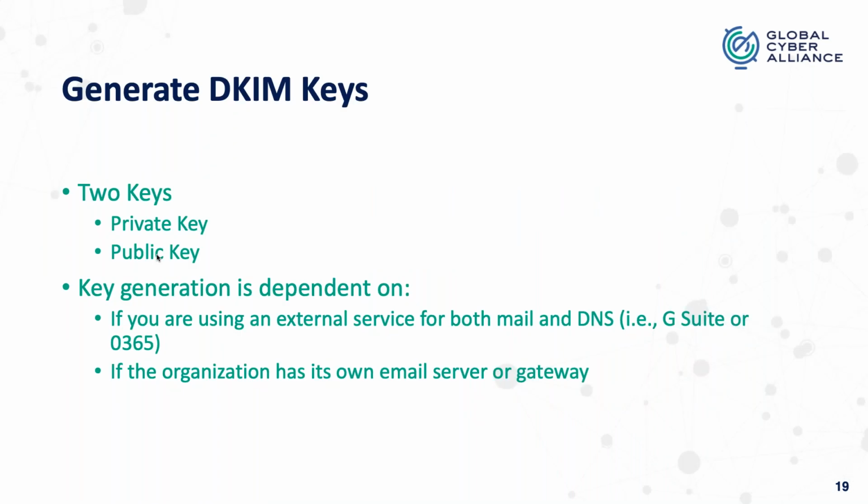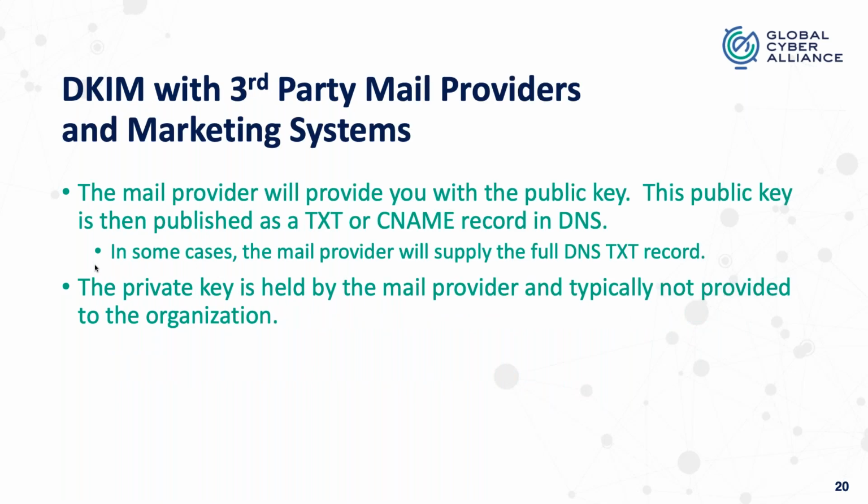The way DKIM works, it is a PKI infrastructure. You have a private key and a public key being used. How are these keys generated? That depends on what tools or service providers you're using. If you're using external or internal, that's going to make a difference in how these are generated.